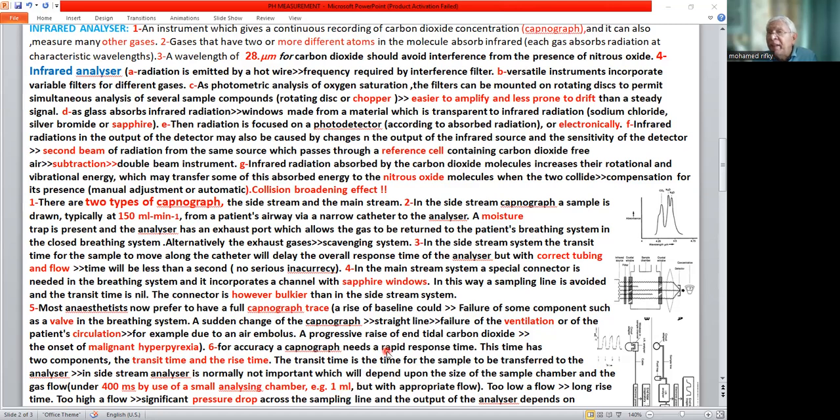This makes the difference. Of course, slow flow will give a long rise time, and a high flow will make a much pressure drop, and this will be affecting the end result.